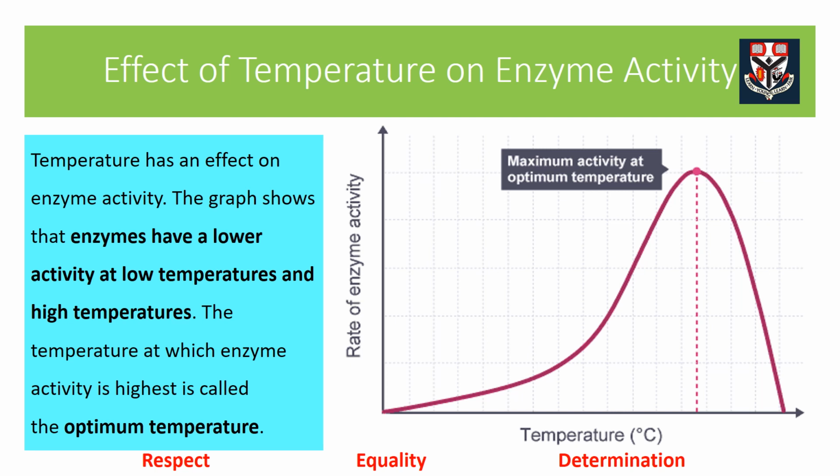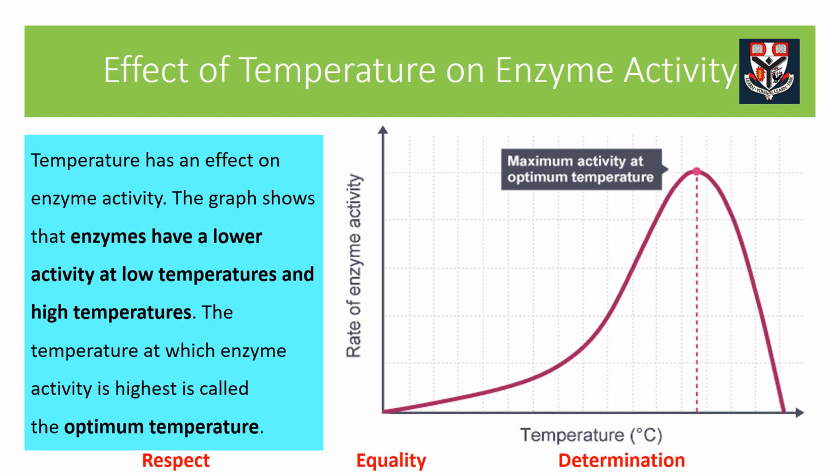As the temperature is increased, so as we go from left to right in the bottom of the graph, we can also see that the slope of the graph is increasing. So as temperature increases, so does the rate of enzyme activity. You will notice from the graph that there's a peak, and then the enzyme activity starts to decrease.